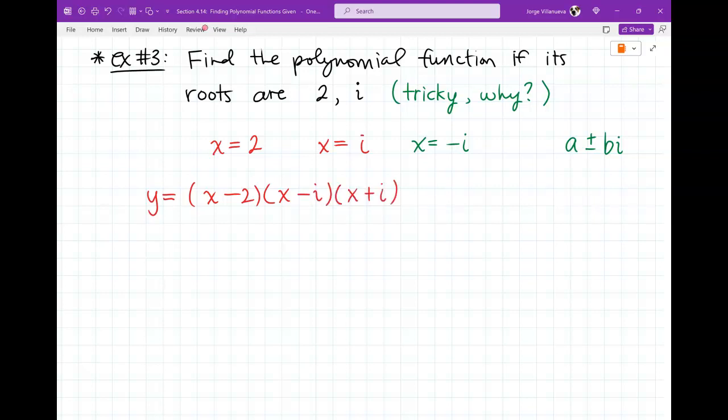Now I'm gonna give you the biggest hint that you'll ever get with these things. Whenever you have to multiply imaginaries, always do the imaginary stuff first. Do not distribute x minus 2 times x minus i. Do that later. Okay? Always do the imaginary stuff first. So I am going to start here.